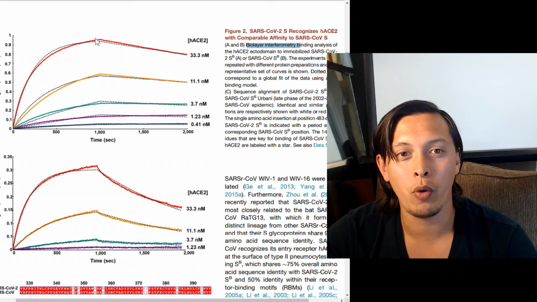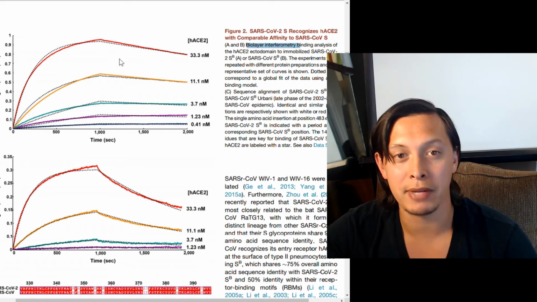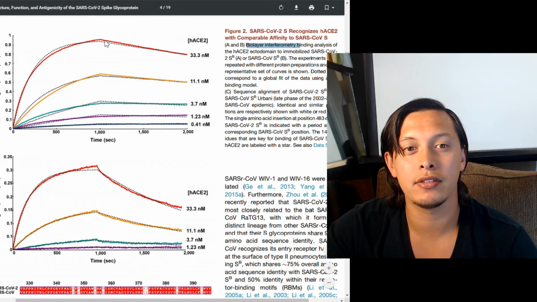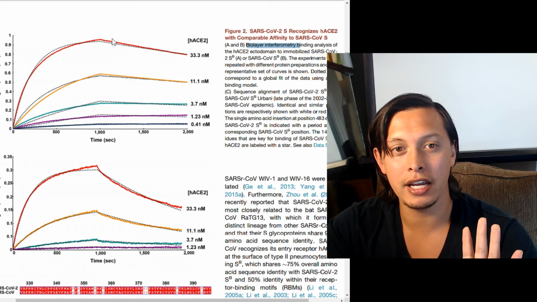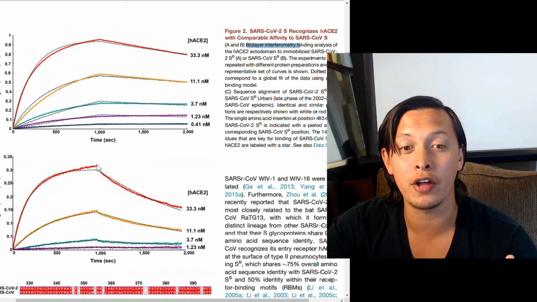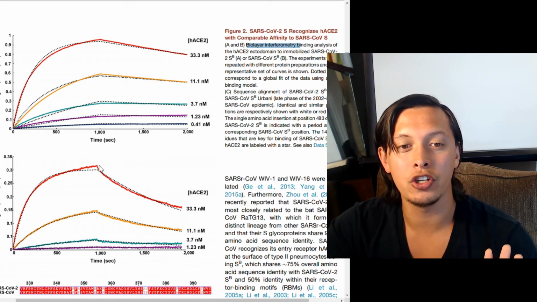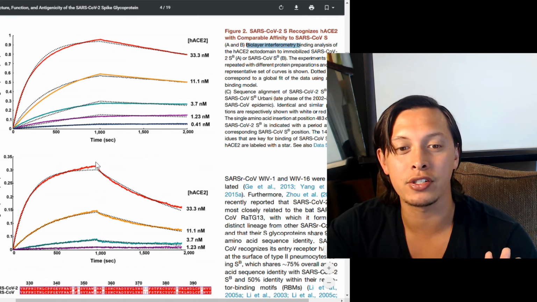In comparison to this other binding domain, where you wash it and then it just drops off.